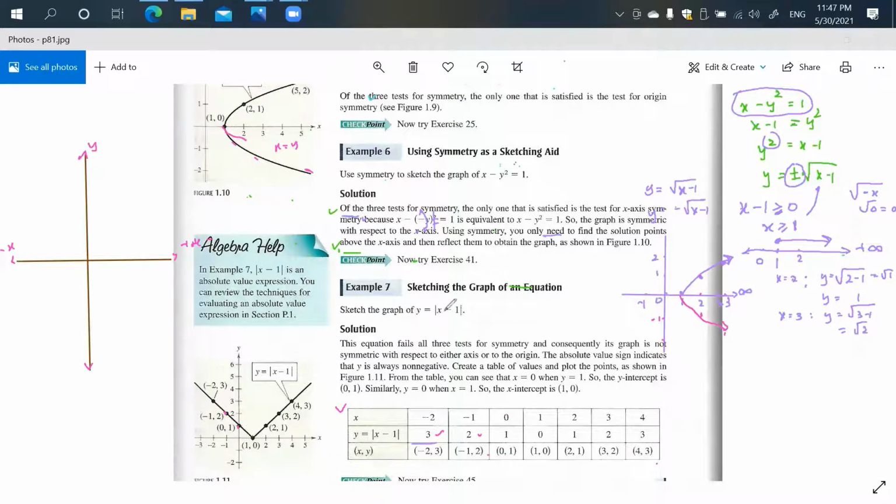So this one is y equal to absolute x minus 1, right? So I write down y equal to x minus 1 first. Underline, so you won't be confused.